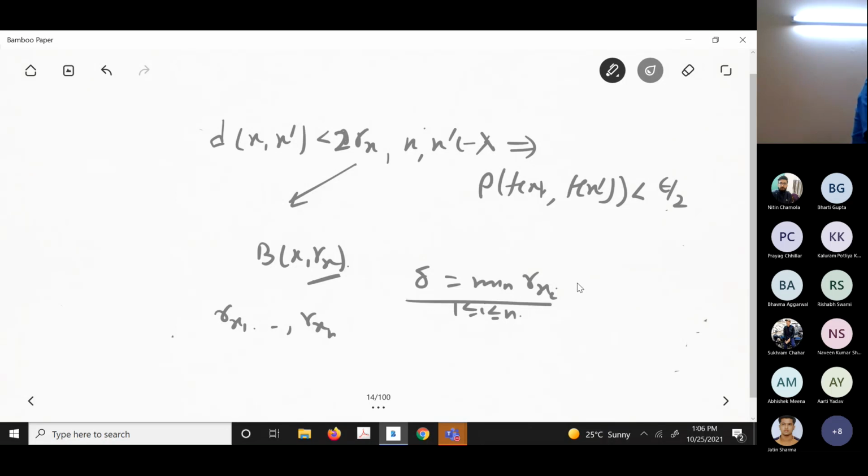Again this delta is greater than 0 because it is the minimum of finitely many things. Actually we use compactness here.